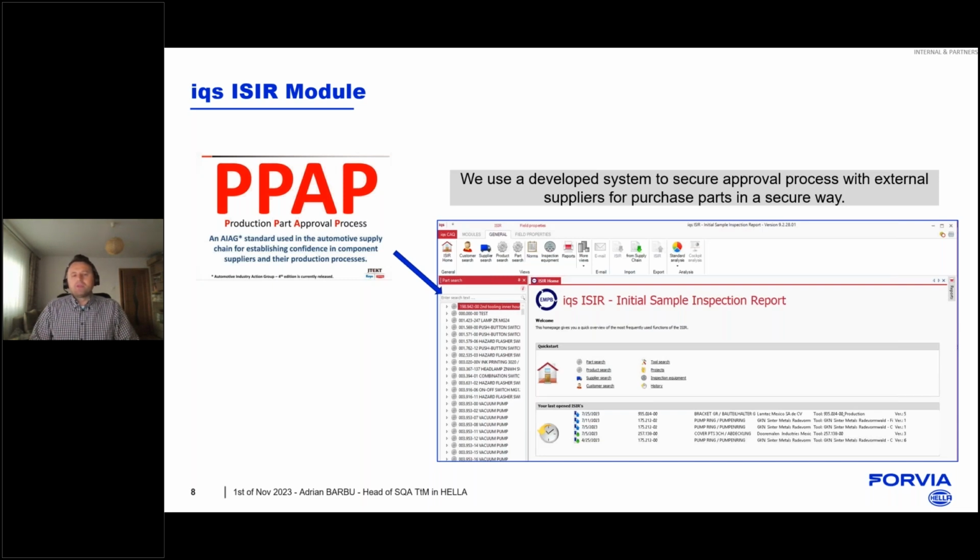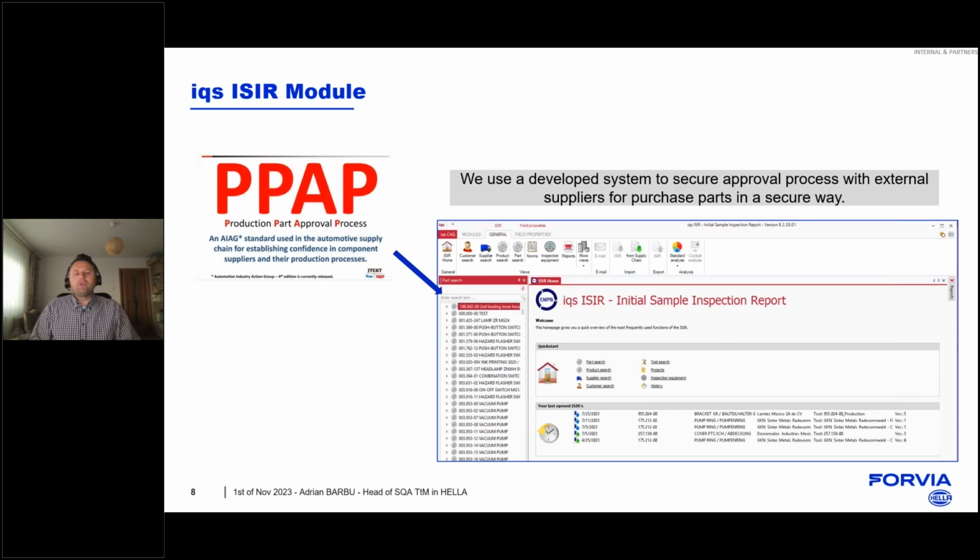The ISIR module is one system that provides us clear data about the dimensions and the documents that we need in order to make a proper approval. The APQP really supports that the PPAP process at the end is good and in time.